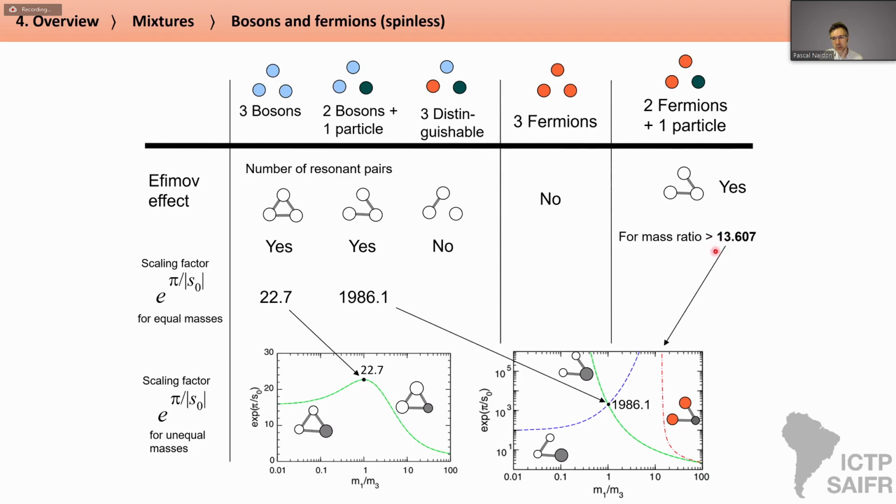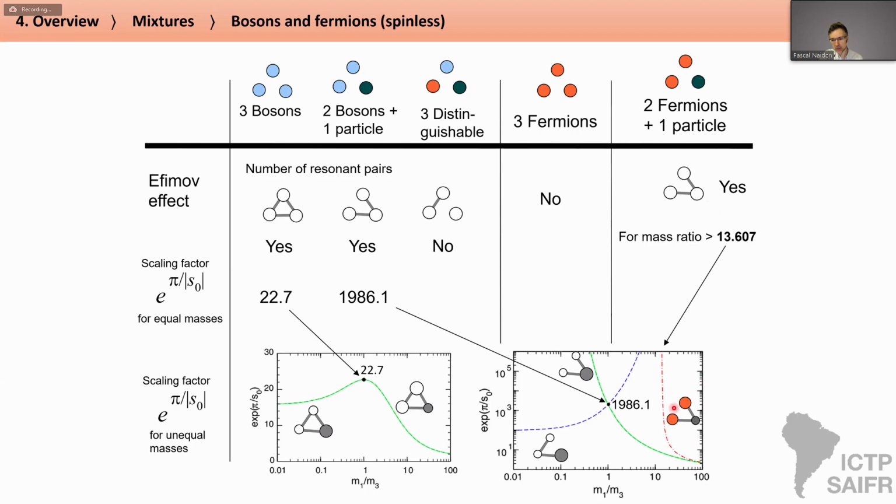Specifically, there's a critical mass ratio, which is around 13.6, above which you can get the Efimov effect. So this is here 13.6. And at this point, you have an infinite scaling factor, and then the scaling factor gradually reduces as you increase the mass ratio.